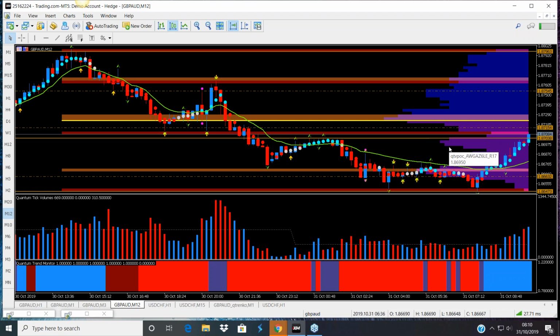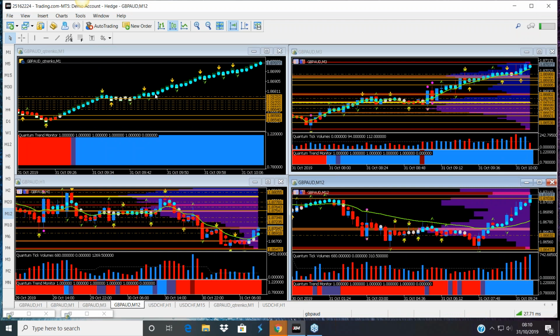David and I don't use fixed risk and reward, and there is an inherent danger to fixed. We know the risk of money that we are prepared to lose, but your reward should be as open-ended as possible, because as I said, on this faster time frame, that move is over 40 pips. If you are then saying, well, I'm only going to risk 10 to make 20, and then what?